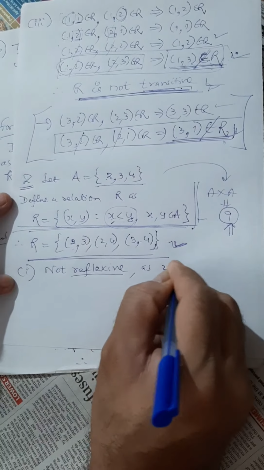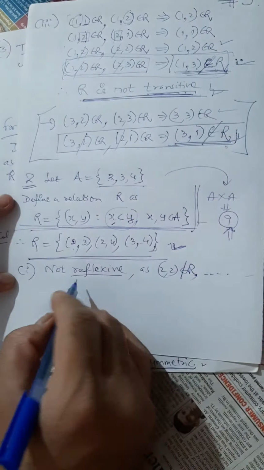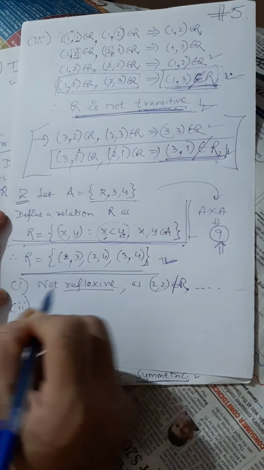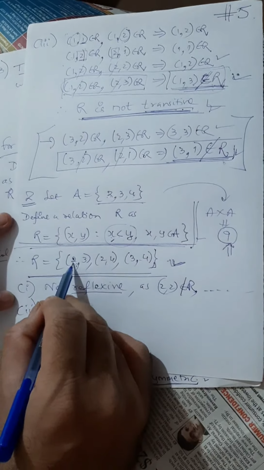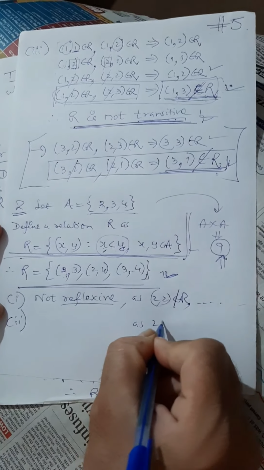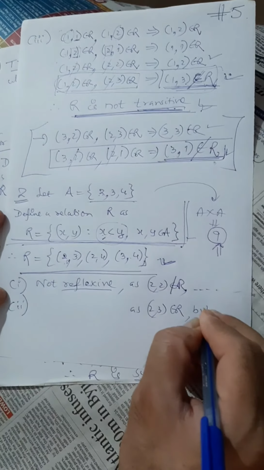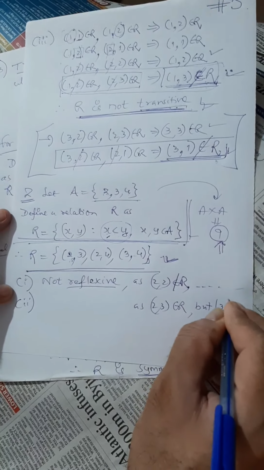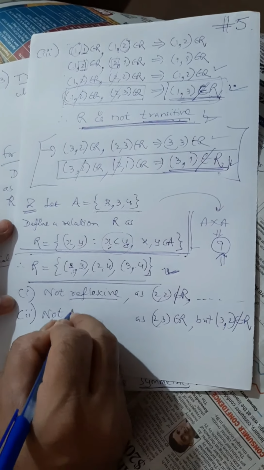So 2, 2 is not a member of the relation set R, and so on. Not reflexive. What do you think about symmetric? Symmetric means the reverse ordered pair should be present. So here 2, 3 is in R. Do you have the reverse? No. 3, 2 is not a member of the relation set R, you can see. So not symmetric.